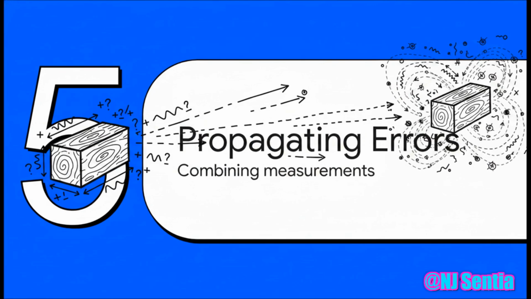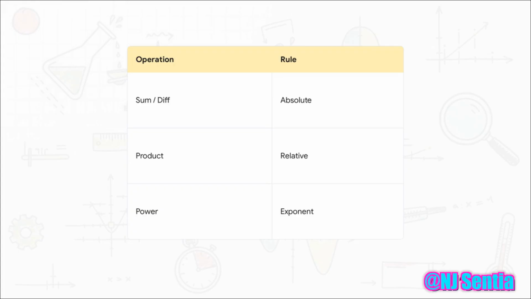Let's move into Section 5, Propagating Measurement Errors. This is all about how errors compound when you start combining measurements. So it's one thing to measure a simple block of wood, but what happens when you use that highly uncertain length, width, and height to calculate its overall volume? Well, the errors propagate. They don't just magically disappear when you do the math, they tag along and actually compound according to some very strict rules.